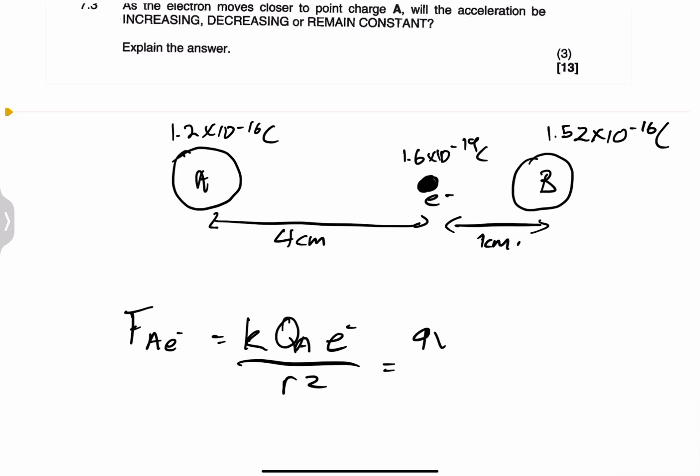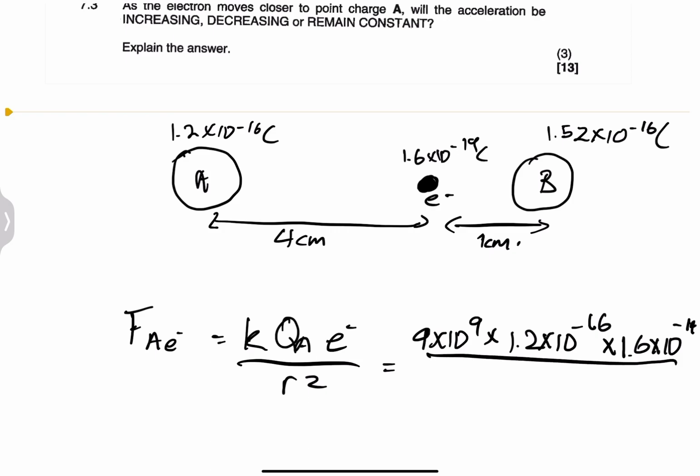So that's 9 times 10 to the power 9, multiplied by 1.2 exponent negative 16, and this is multiplied by the unit charge of an electron, so that's minus 19 over there, and divided by, in this case, our distance between point charge A and the electron, which is 4 centimeters.